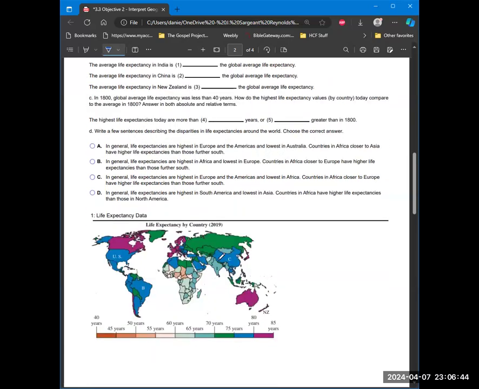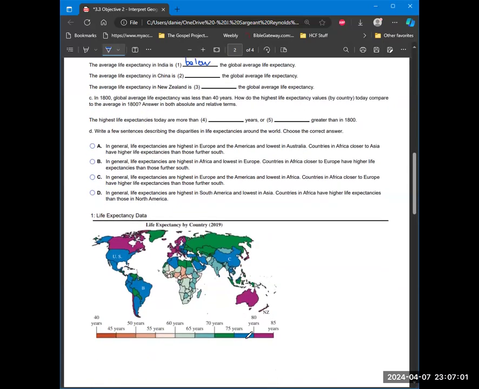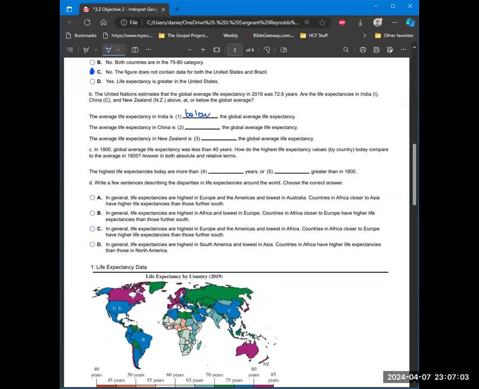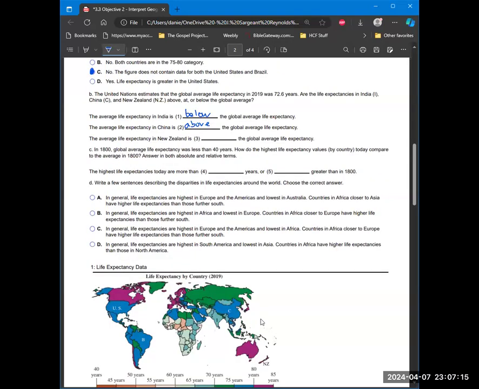So India's in this color right here, and India is below average. Below. And then China is above average. And then New Zealand is over here, and that's also above average.